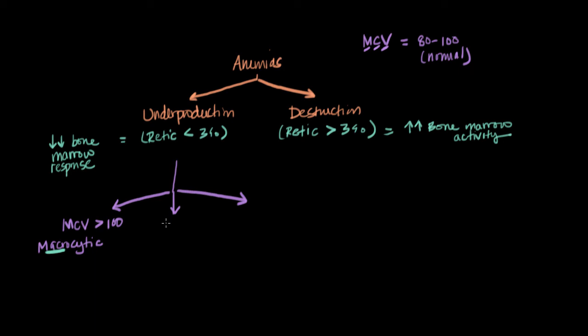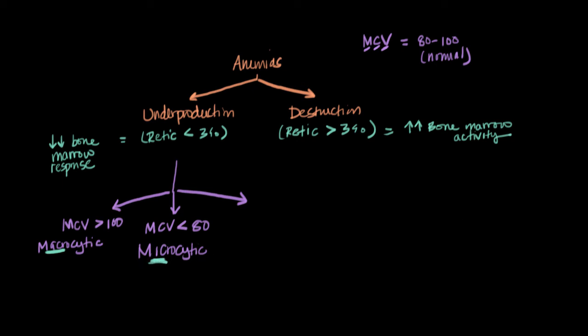The second group, where the red blood cells are smaller than normal, right? We'd expect to see the MCV, the mean corpuscular volume, less than 80, because 80 is the lower end of normal, right? And these anemias are called the microcytic anemias. Micro meaning small, cytic meaning cell.